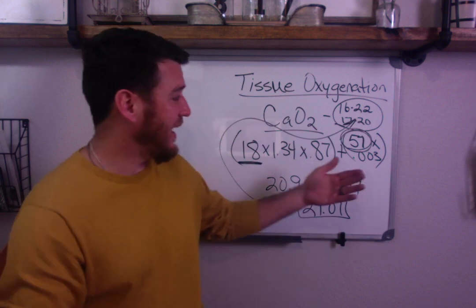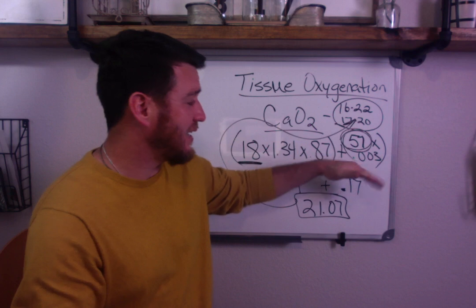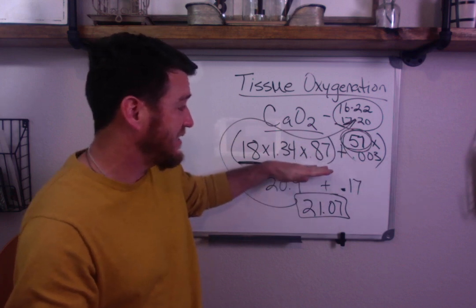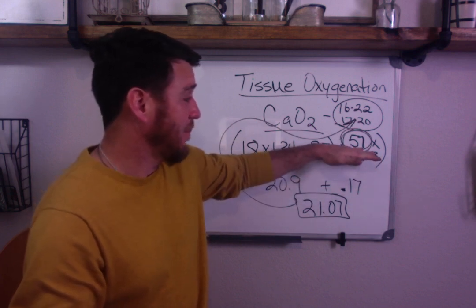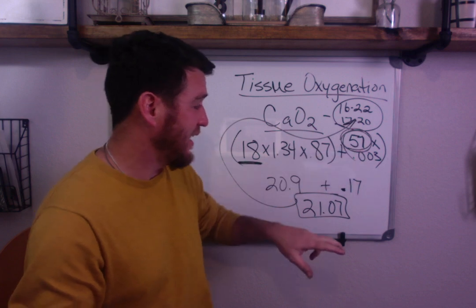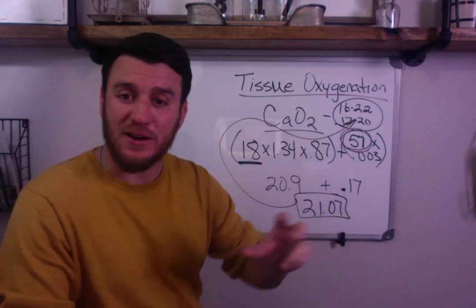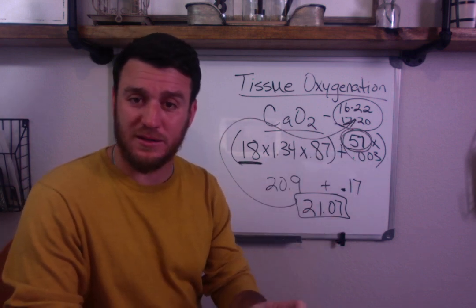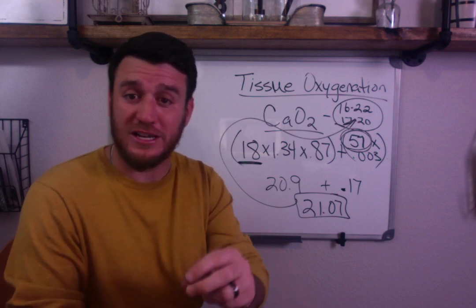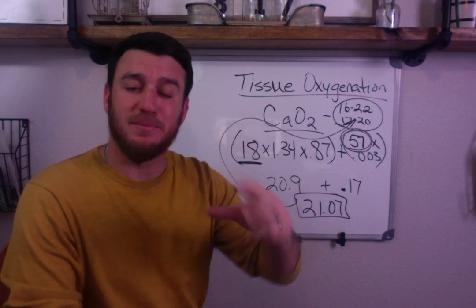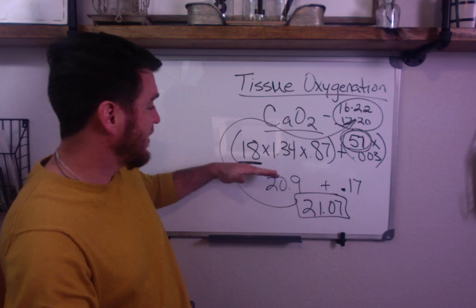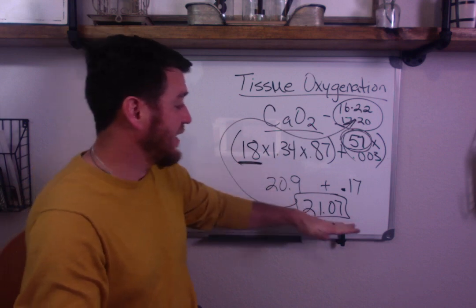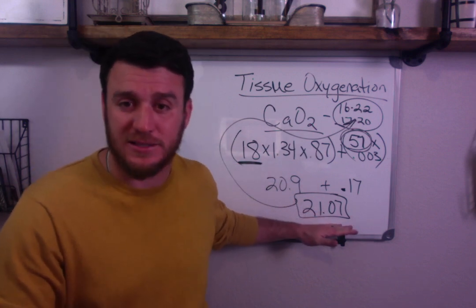Even though they have a decreased arterial oxygenation status with a SAT of 87 and a PaO2 of 57, they are not hypoxic. Their tissues are getting enough oxygen because the body has compensated, creating enough hemoglobin to create an adequate carrying capacity.